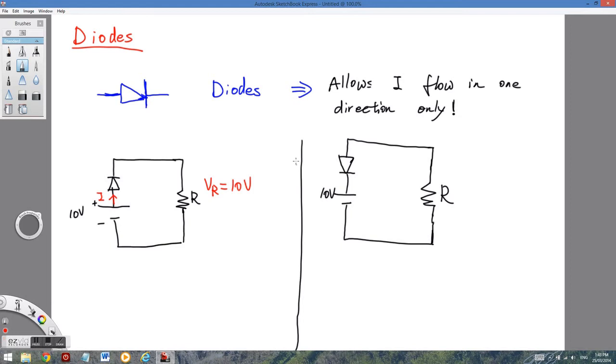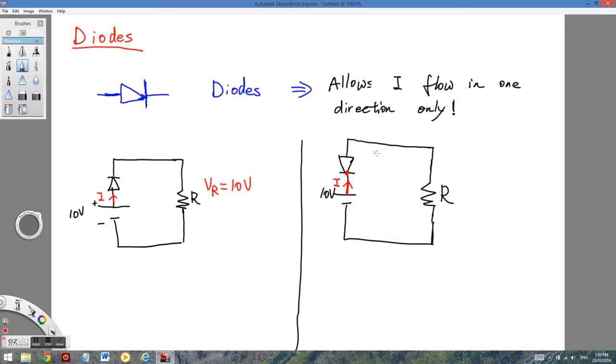Simple and easy. So what's happening if I reverse the diode? The current will still try to flow from positive to negative. However, it gets stopped because the diode stops it from flowing through.